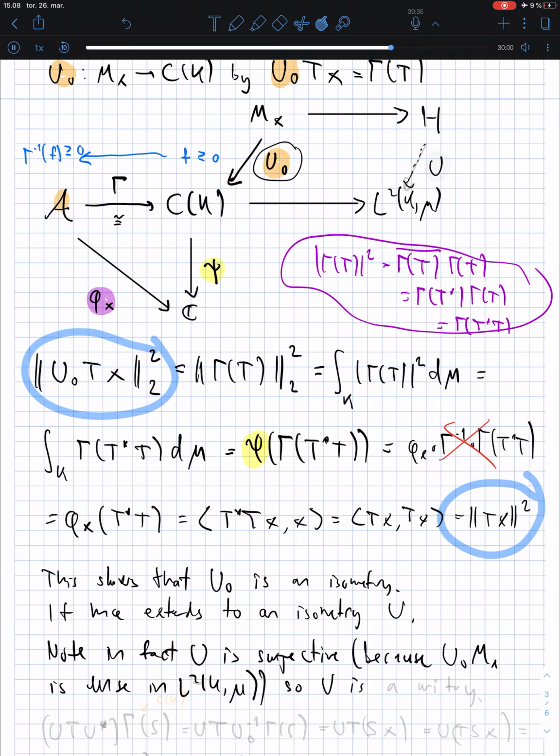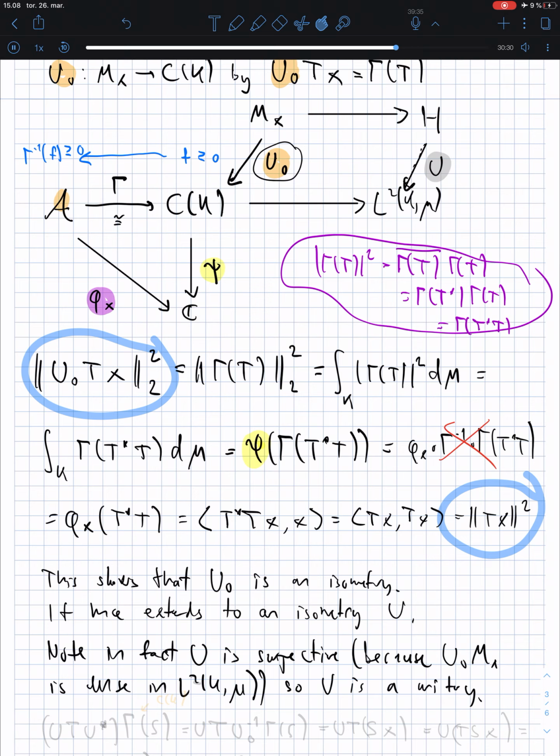So U is unitary. Okay, so that explains now the existence of U. So I now also have my U. So this is part of the data that I promised you.